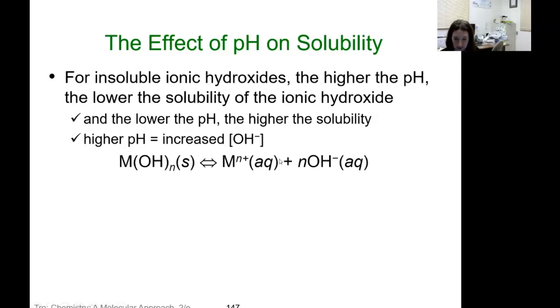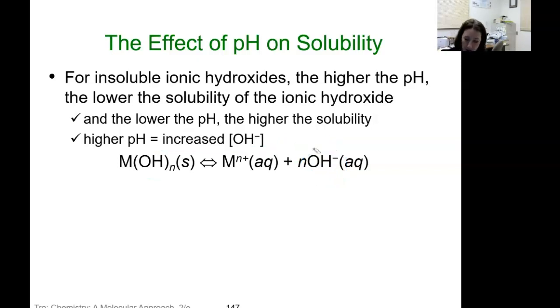Because if you increase the pH, it's going to shift it over here, which will make it more insoluble. If you lower the pH, which means we have lots of H3O+, the H3O+ is going to react with this, which decreases this, which will shift it towards our products. All Le Chatelier here, 100% Le Chatelier.